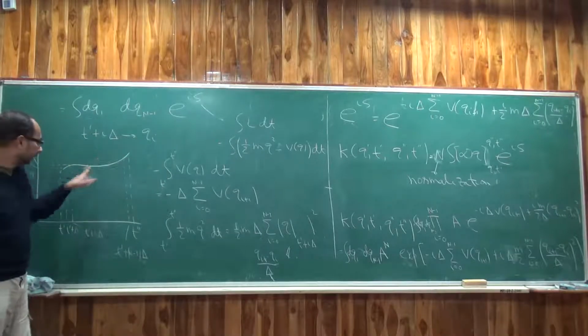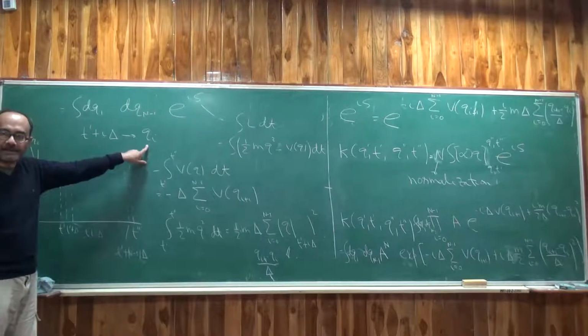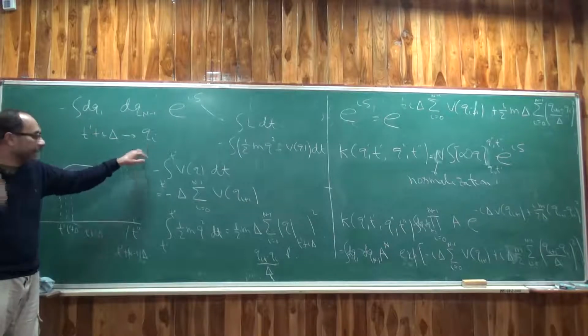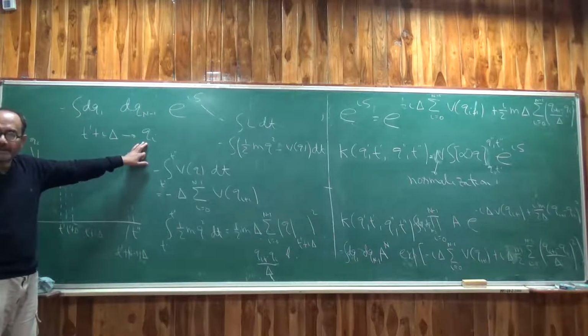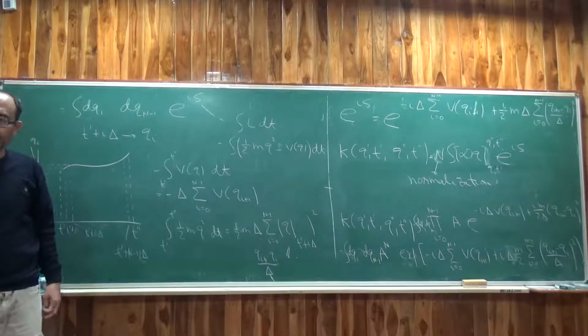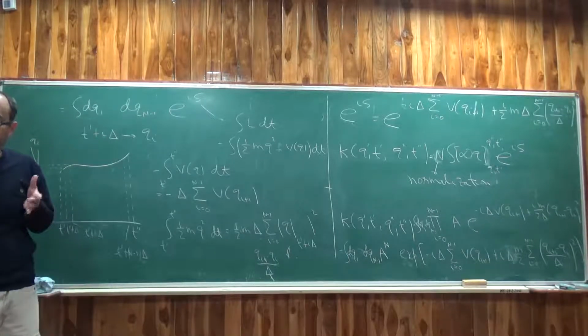Of course, if you have fixed a path, you know what qi is. But you have not fixed a path. You are supposed to integrate over paths. So the qi's are not determined.